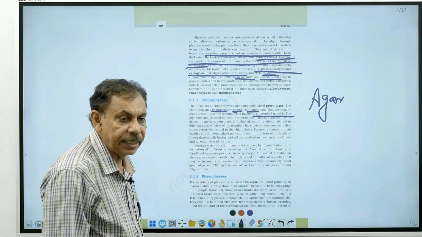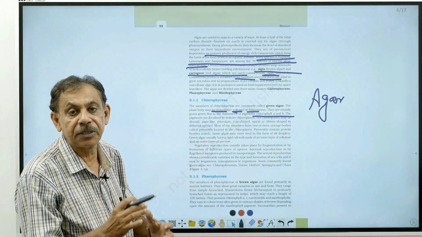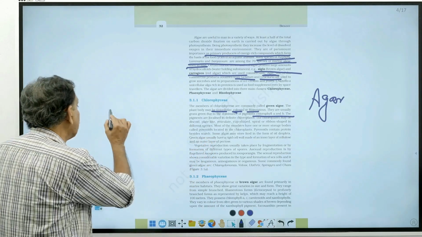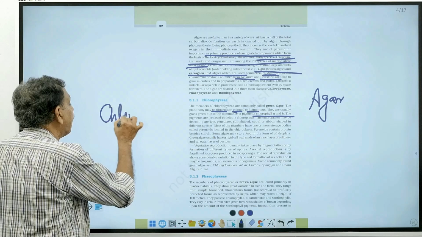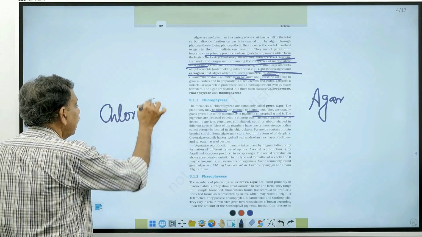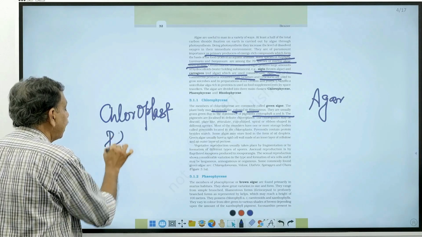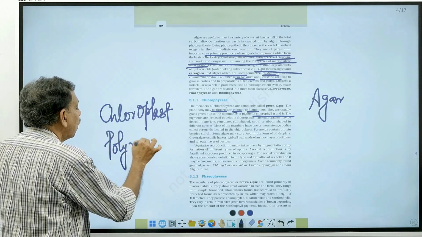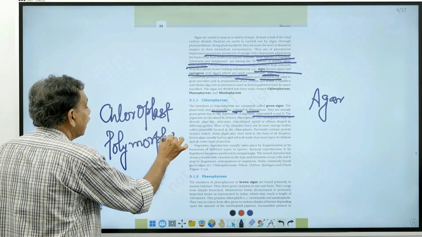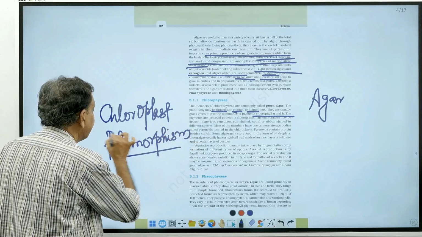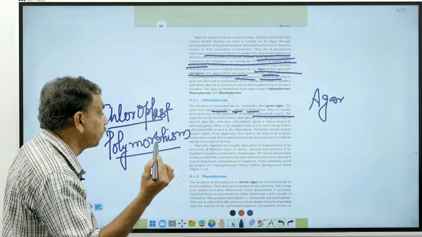You can see that they have different types of chloroplast. Green algae show chloroplast polymorphism. What is chloroplast polymorphism? They show different types of chloroplast.